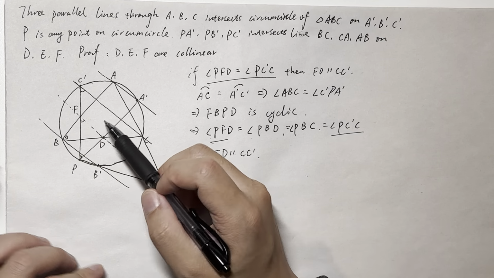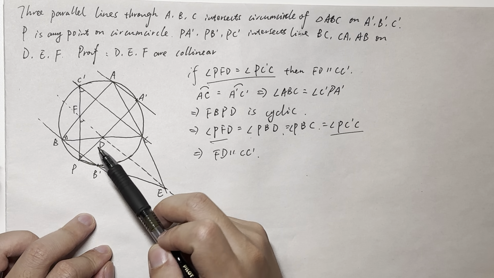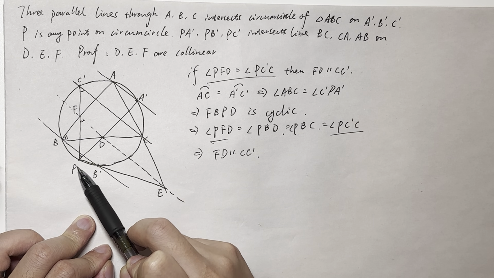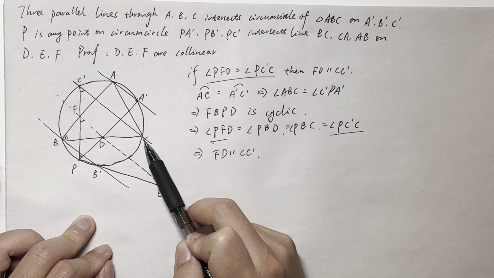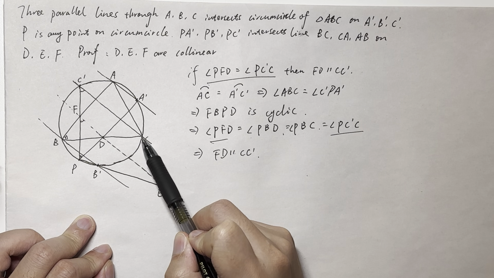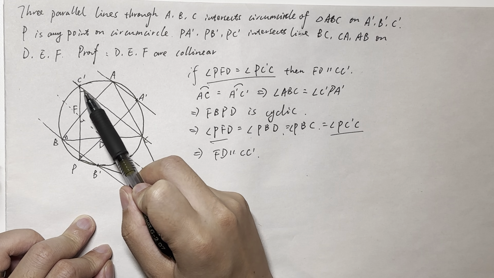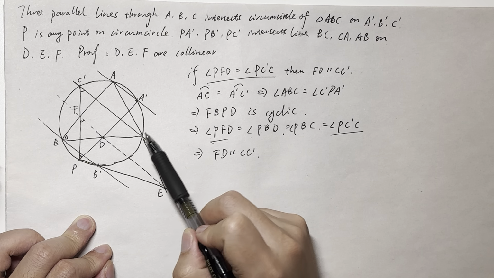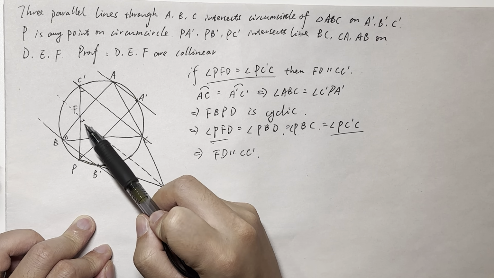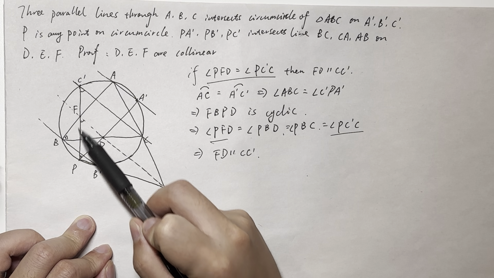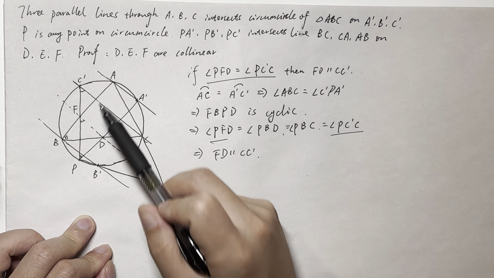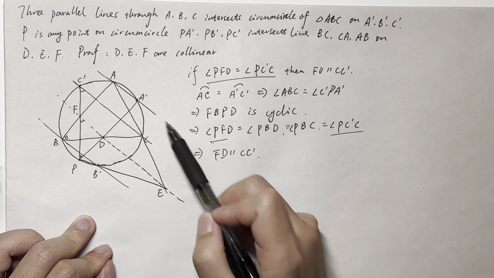The first thing I'm looking at is the relationship between angle PFD and angle PC'C. PC'C is an angle on the circumcircle of triangle ABC, so I want to translate angle PFD into another angle on the circumcircle of triangle ABC.